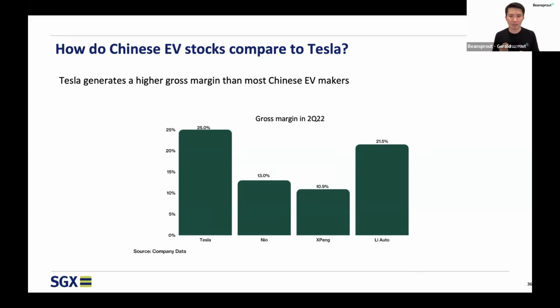Part of it is because of the scale that we discussed, because if you are manufacturing more vehicles, you have the economies of scale, your average production cost actually comes down, so you can potentially earn a higher gross margin. So Tesla's gross margin is at about 25%, Li Auto 21%, NIO 13%, and Xpeng at about 11%. So yes, Tesla is generating a higher gross margin than most Chinese EV makers at this point in time.